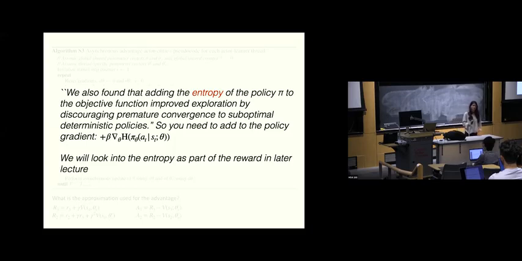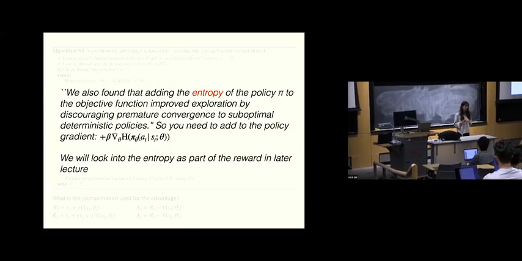Now, next week we'll see maximum entropy reinforcement learning, where maximizing the long-term entropy of a policy will be side by side with the rewards as part of our objective. Not only will we want to maximize external rewards, but we will also want our policies to be as stochastic as possible. So if multiple policies can maximize rewards, we want to have high probability across all of them as opposed to committing to one of them.